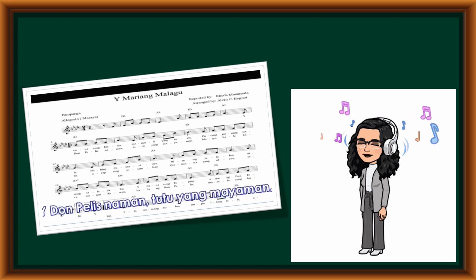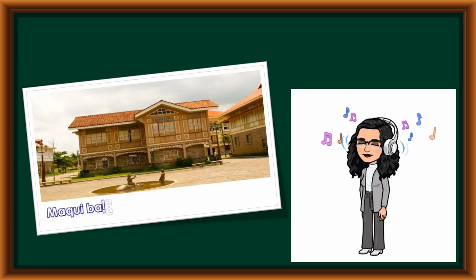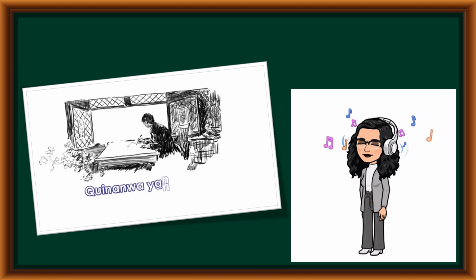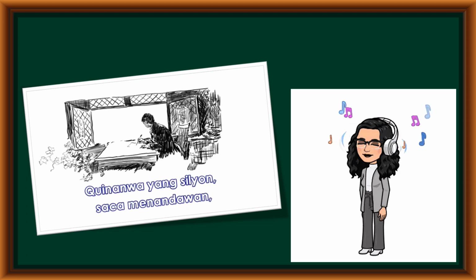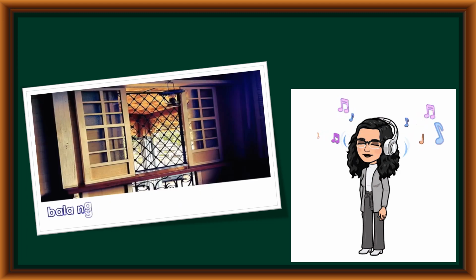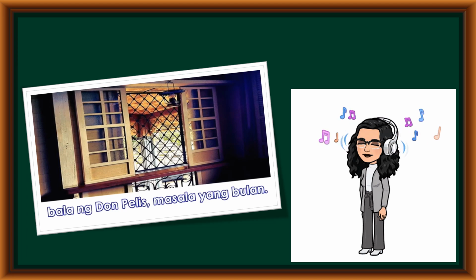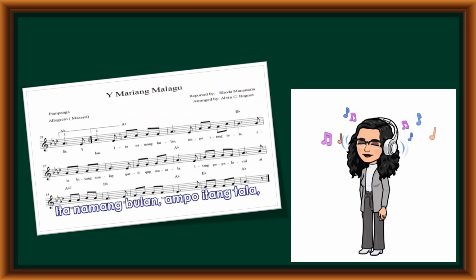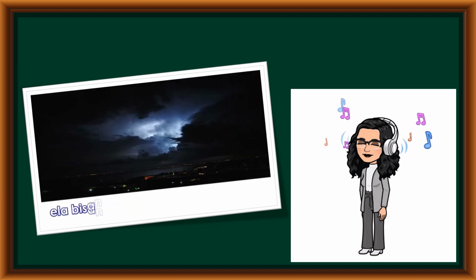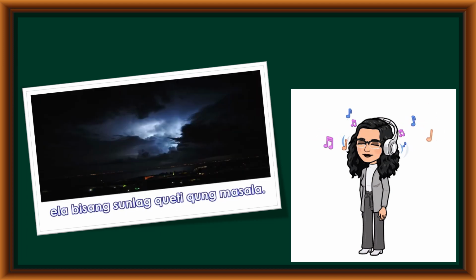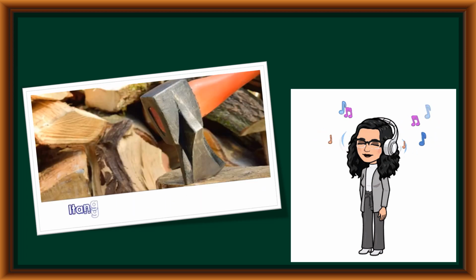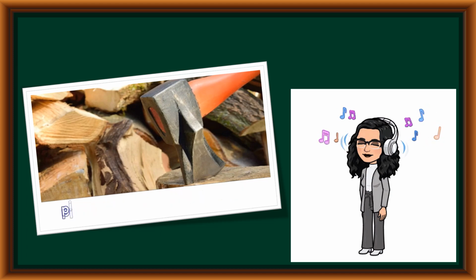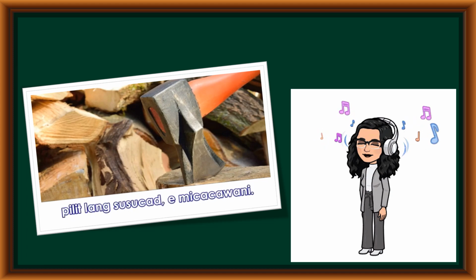Naman, tutuyang mayaman, magkibale batu, arap ning pisamban, kinanwayang silyon, sa kami nandawan, bala ng Don Pelis, masalayang bulan, itanamang bulan, ampo itang tala, elabis ang sunlag, ketiking masala, itang kapalakul at inglalagari, pilit lang susukat, emi kakawani.